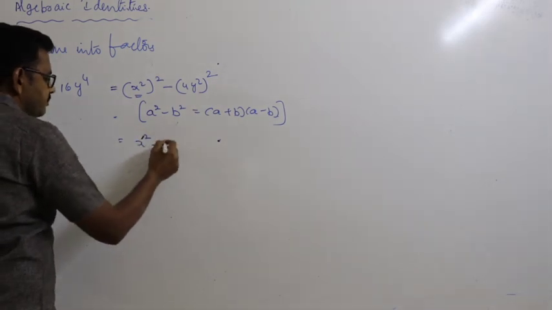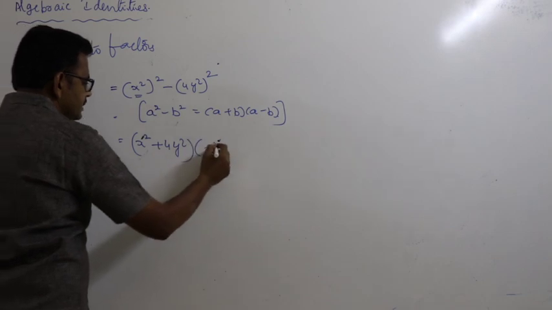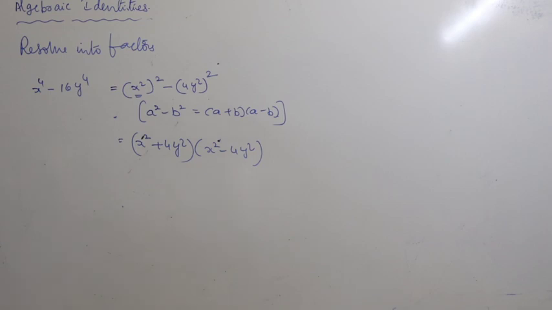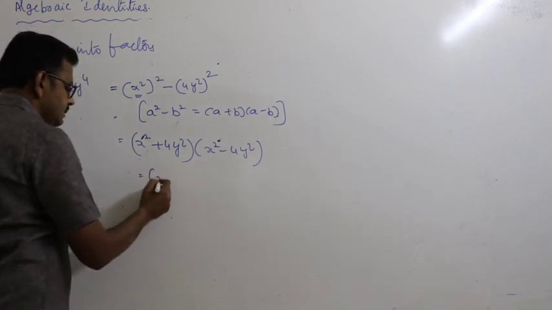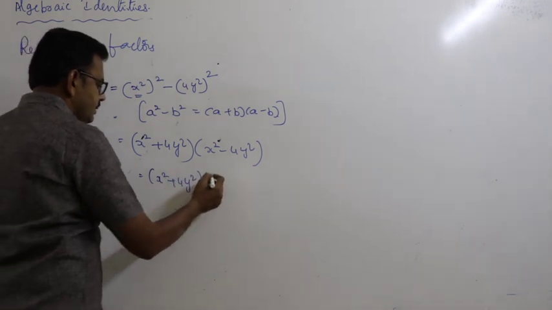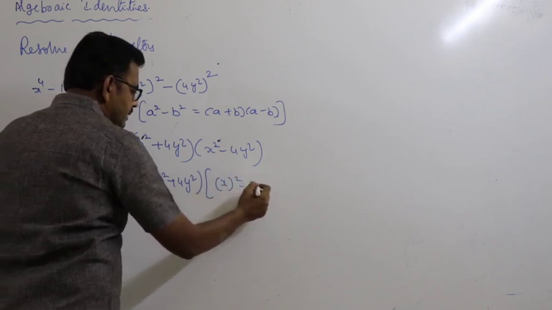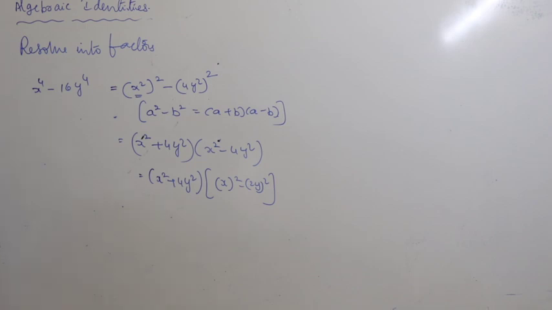So x square plus 4y square into x square minus 4y square. Again, x square minus 4y square is x whole square minus 2y whole square.